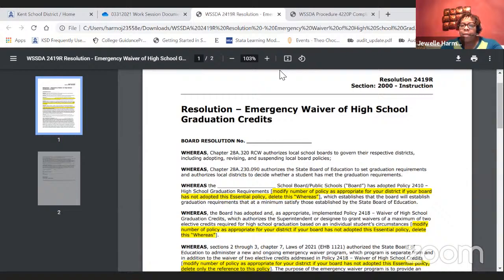And so as a result, the bill passed House and Senate and was signed by the governor. And so Washington State Board of Education began working on emergency rules so that school districts could apply this waiver to their students.